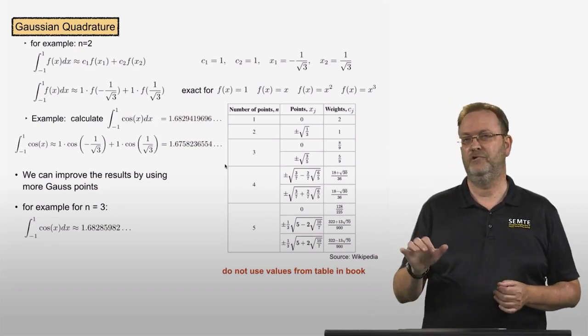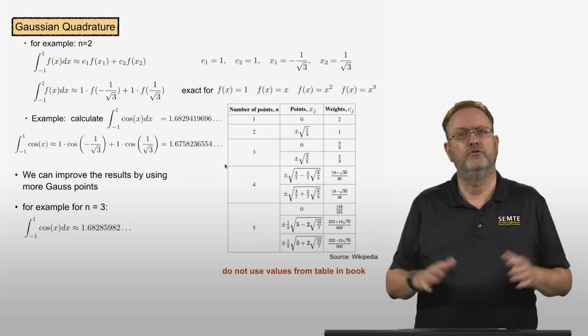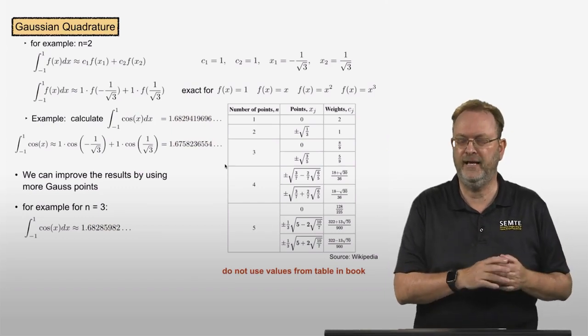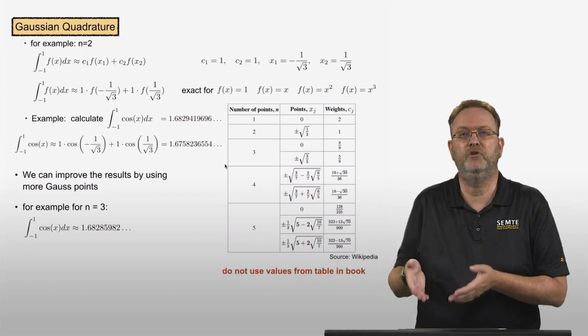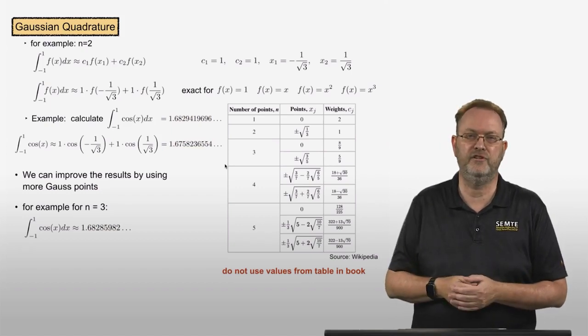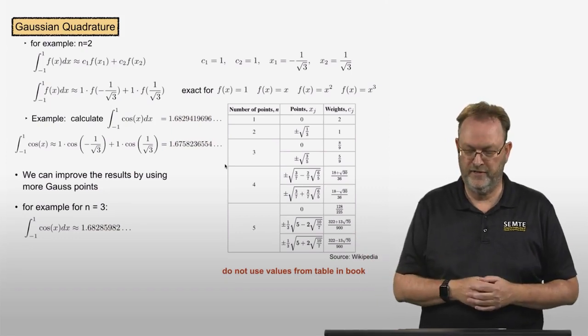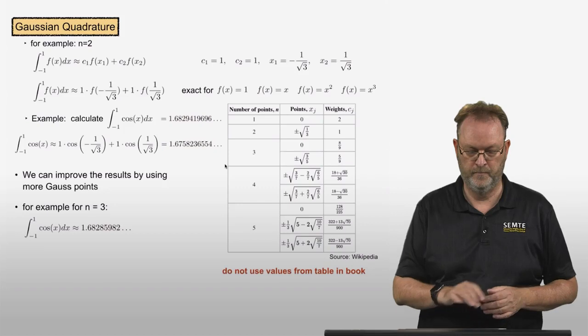Instead, it doesn't even give you the numerical values up to double precision. So do not use the values from the table in the book, but please use this table, which you can evaluate up to double precision or any finite precision that you like, because you're given here the analytical form of the Gaussian points, xj, and the weights.